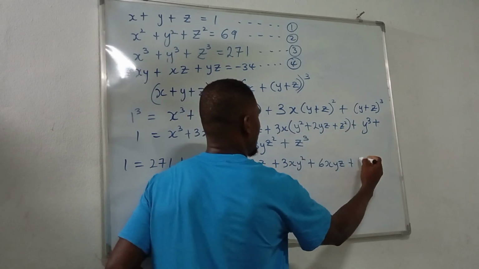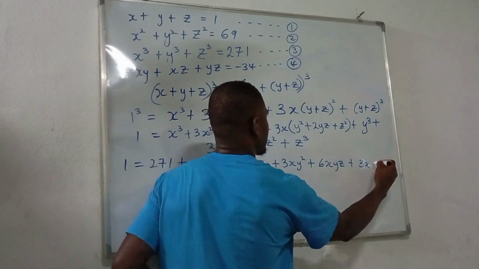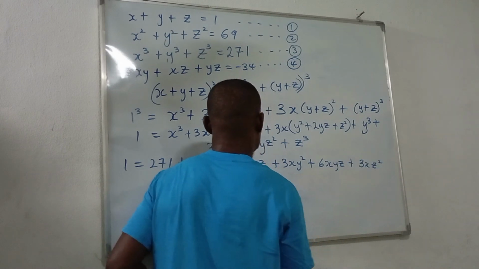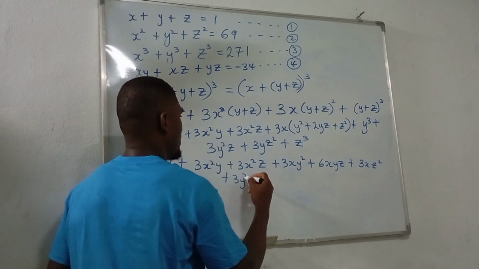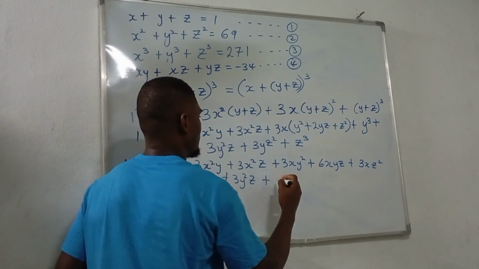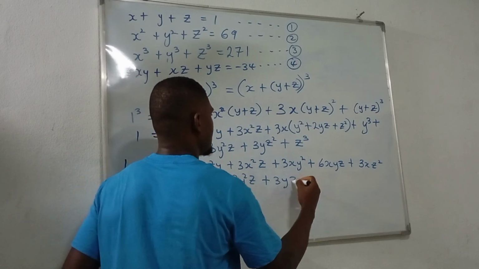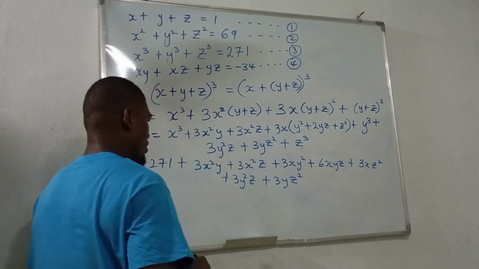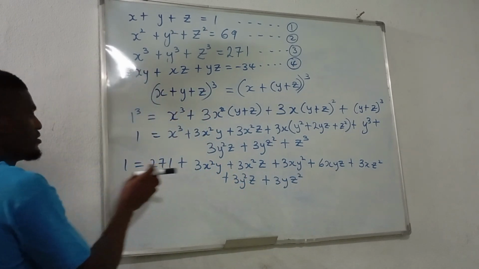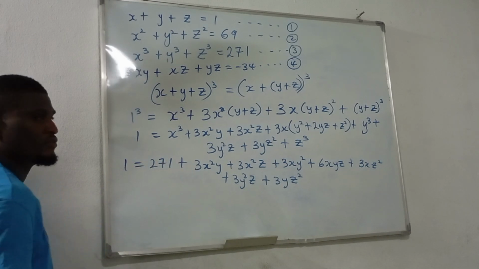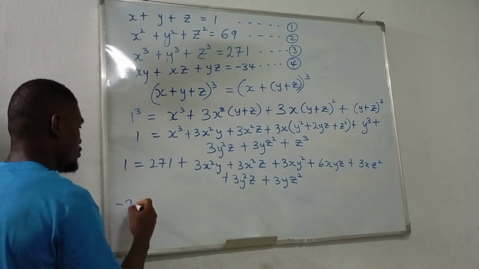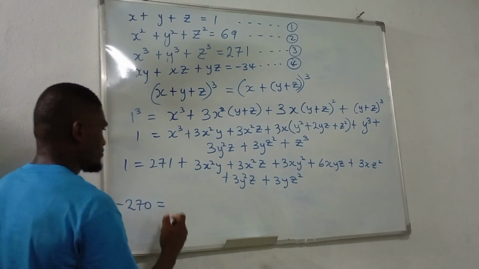This with this, we have 3xz squared. Okay? And then this which is 3y squared z plus 3yz squared. All right. Now we're going to move this to the other side. And that becomes 1 minus 271, and that should be negative 270.